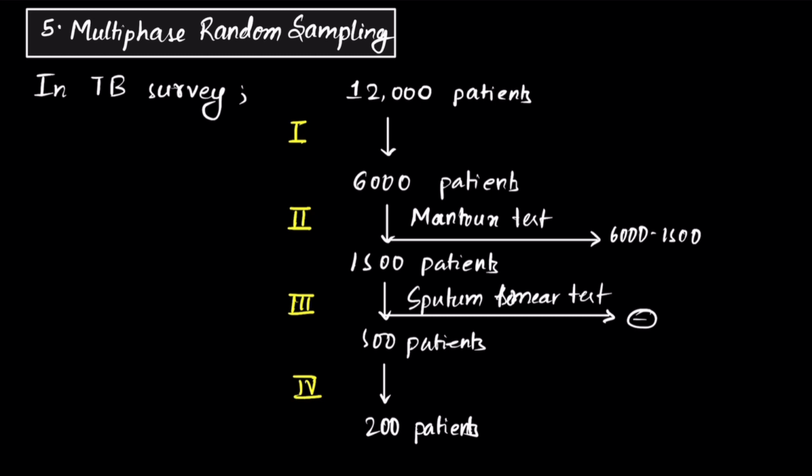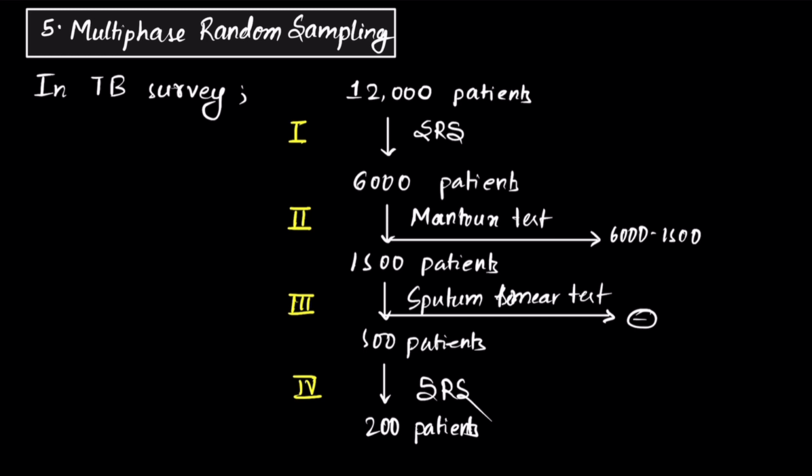So in this process, sampling is being carried out in multiple phases. And in these phases, the patients that show a negative test are removed from the sampling process. Now the question is, how is this sampling process made random? It is made random by carrying out simple random sampling or systematic random sampling at the first phase and at the last phase.